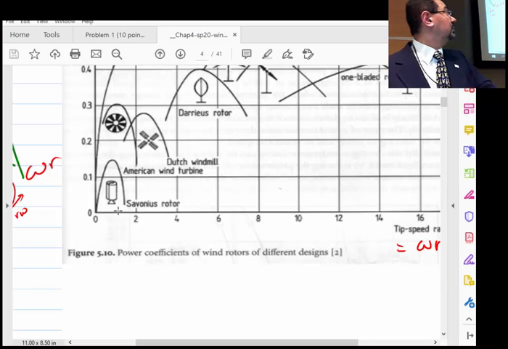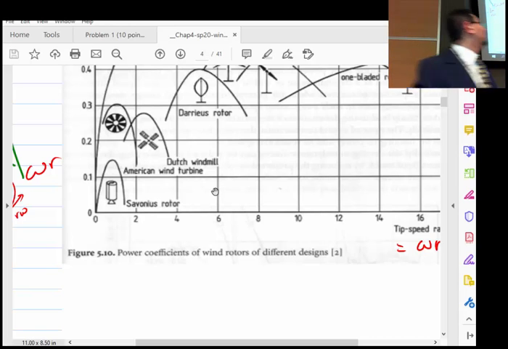Make sense? Okay, and that is the American wind farm, and that is the Dutch windmill. Those are the big thing in the Netherlands. If we look at our graph on page 70, you will see that they put the American wind farm on the bottom, and they put the Savonius on the top.